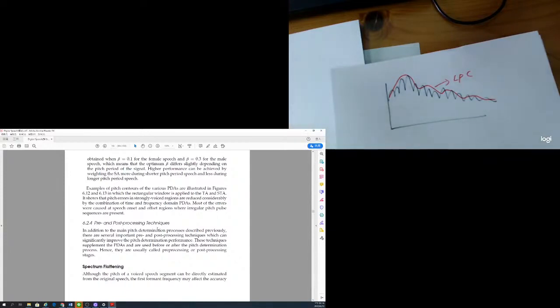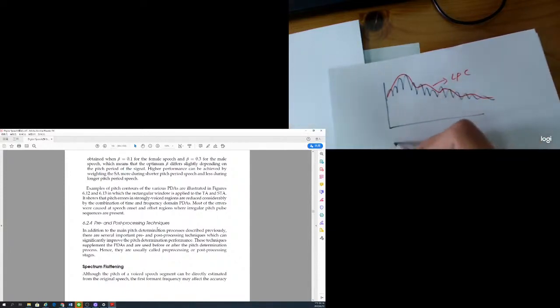If we can remove the LPC and make your signal harmonic like this, it is easy to find your pitch.